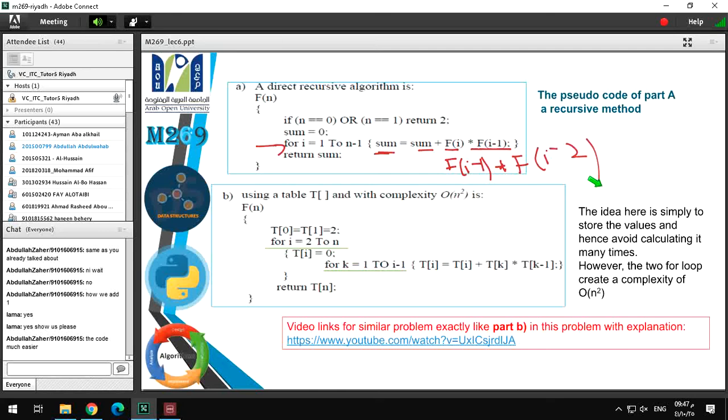So the idea here is that you already calculated f(i minus 1). Since it's already computed here, there is no need to compute it again. No need to calculate f(i minus 1) in the next round, since it's already calculated in the previous round. If you manage to do this in the code, then you can minimize the complexity of the algorithm.